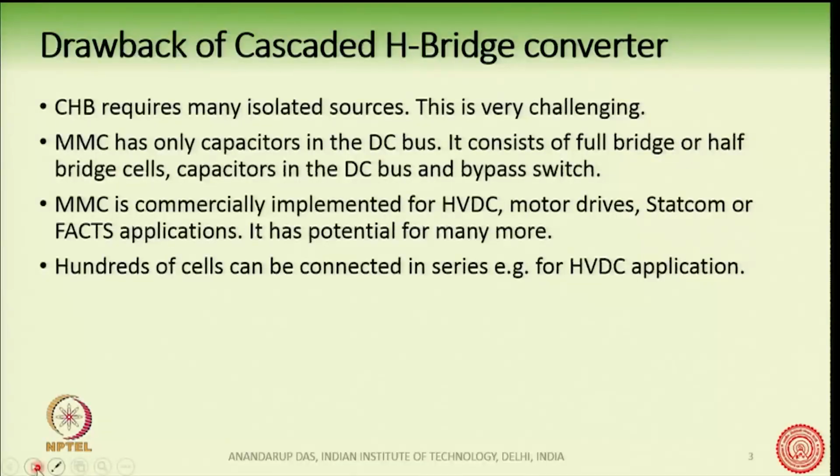We had seen that we use several transformer secondaries in order to make this isolated DC bus of the cascaded H-bridge converter. So there was a need to remove the requirement of these isolated DC sources, and here comes the MMC.